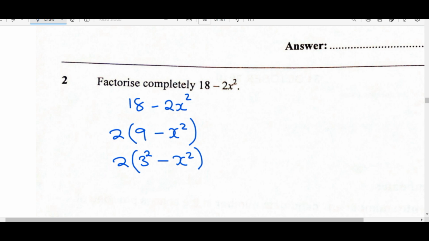Then you apply the law of difference of two squares: 2 open bracket 3 minus x close, open 3 plus x close. So the work is done.